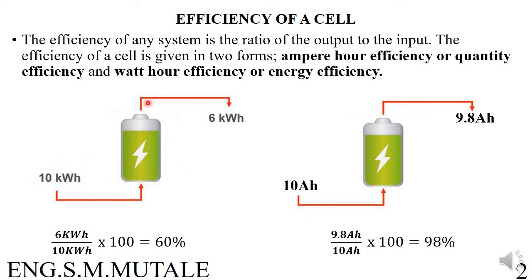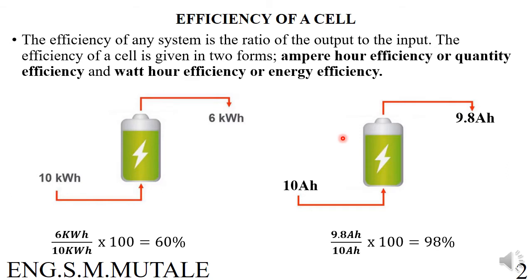And then when it's discharging, you take note of the kilowatts you are using times the period of time you are discharging your battery. Then to calculate the efficiency, it would be the kilowatt hours during discharge divided by the kilowatt hours during charge, times 100. In this case, you will have 60% as your efficiency.